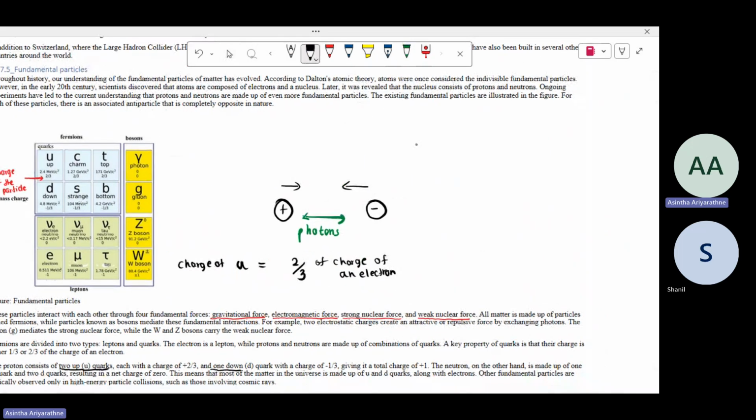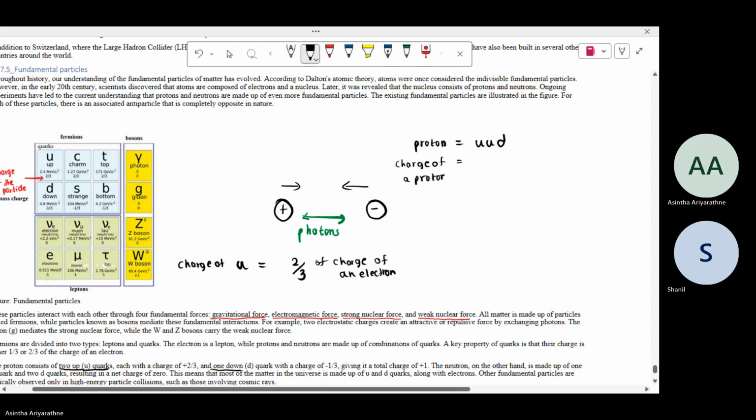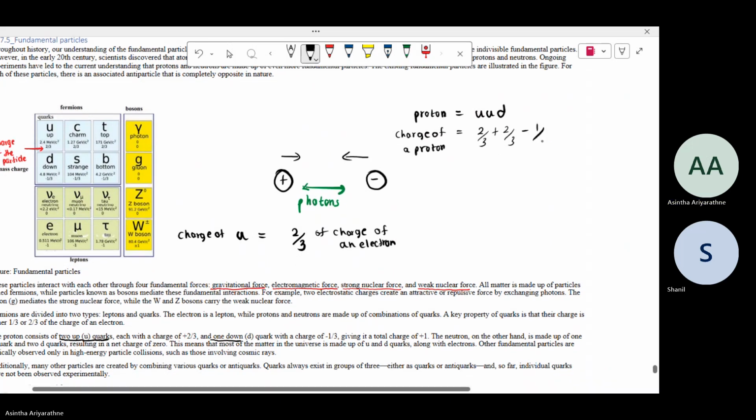So the charge of a proton: each up quark has 2 over 3, so 2 over 3 plus 2 over 3, and the down quark is minus 1 over 3. So we get 1. So the charge of a proton is positive 1.